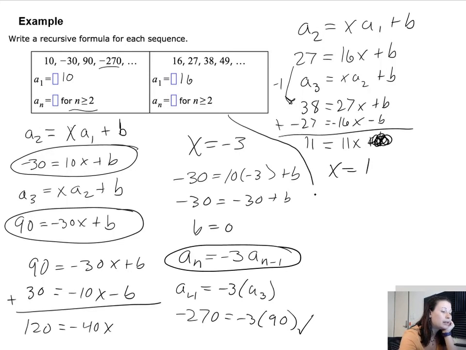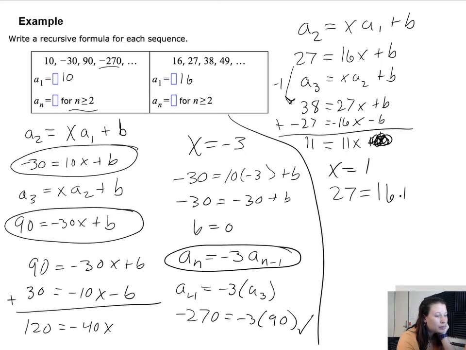So we have x is equal to 1. We can find b then. So then b, let's plug it into the first one. We have 27 is equal to 16 times 1 is 16 plus b. So b is equal to 11 here. Okay, so now this setup would be a_n is equal to a_(n-1), because x is 1, plus 11.